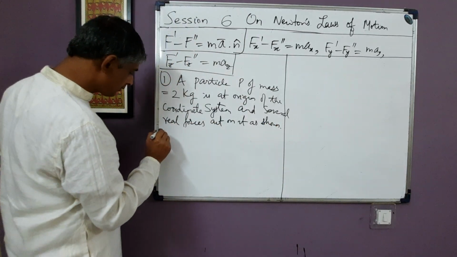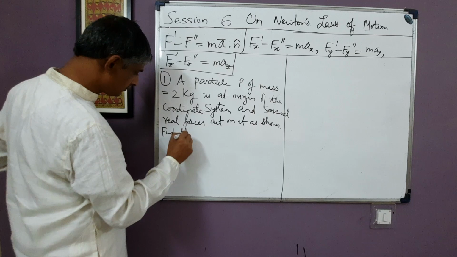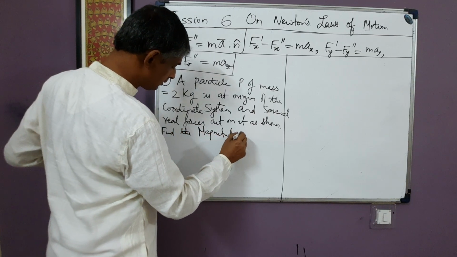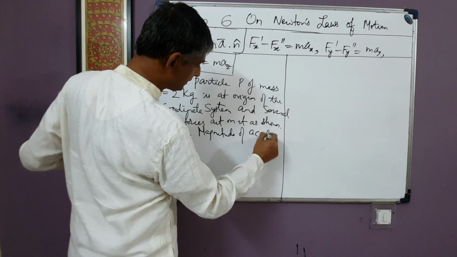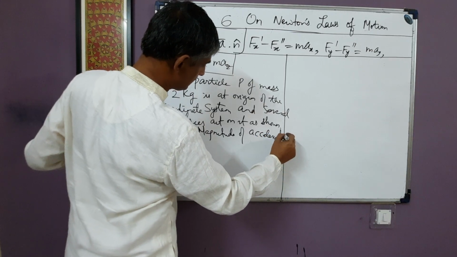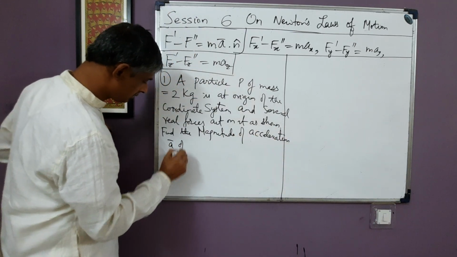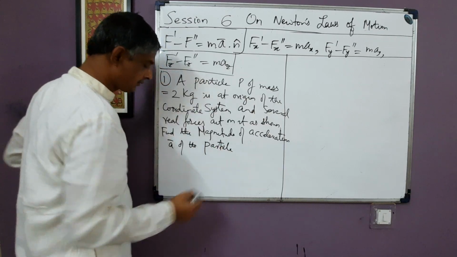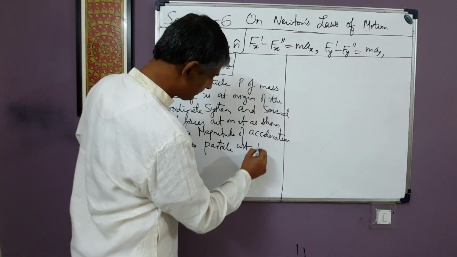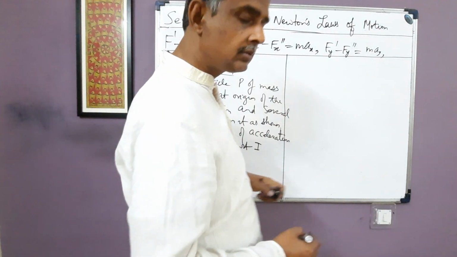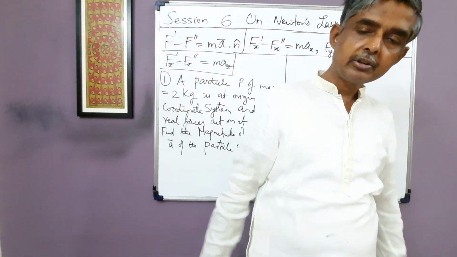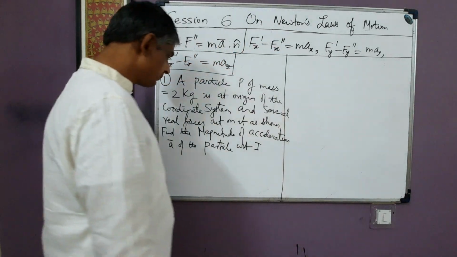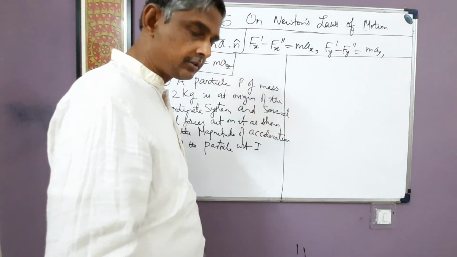From this diagram, find the magnitude of acceleration A of the particle with respect to the inertial frame. If nothing is specified, then instead of the inertial frame we take the ground frame.